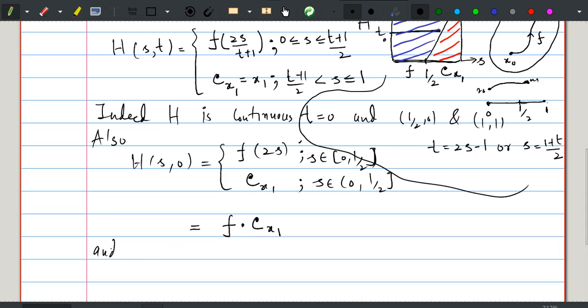And at time t equal to 1, h travels only f, because when t is equal to 1, this interval becomes 0 to 1, so there is no time for the constant path.